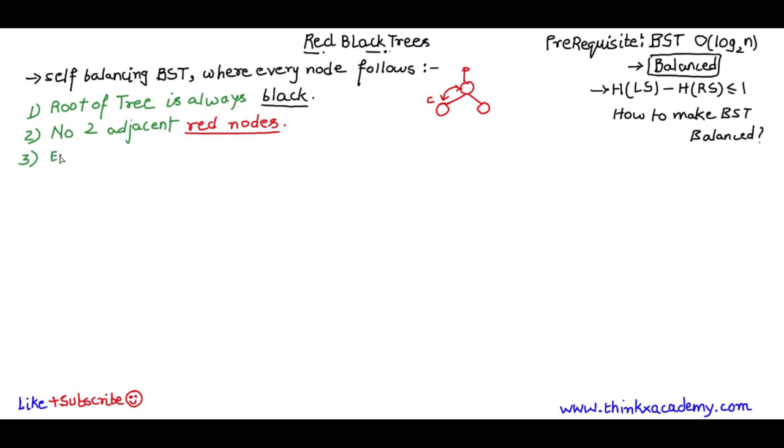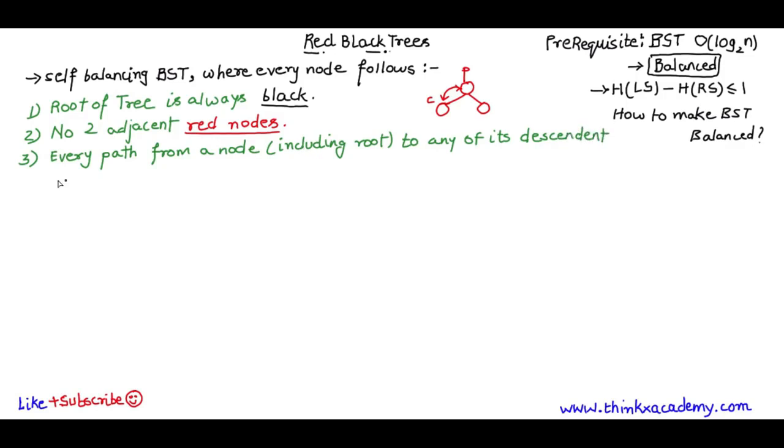This point says that every path from a node, if I pick any node of this red-black tree, including the root node, and I draw a path from that particular node to any of its descendant null nodes, or I should say descendant leaf nodes, and leaf nodes and null nodes are basically the same thing.